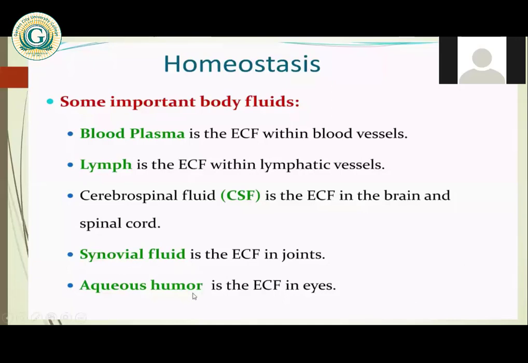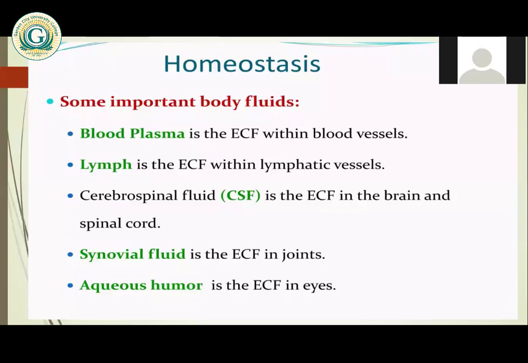All right, so we have the lymph, cerebrospinal fluid, synovial fluid, and aqueous fluid. When you take the extracellular fluid, two-thirds of it is the interstitial fluid, the fluid that surrounds the cells. Then one-third is made of the plasma. Then you have less than 1% made of these transcellular fluids.